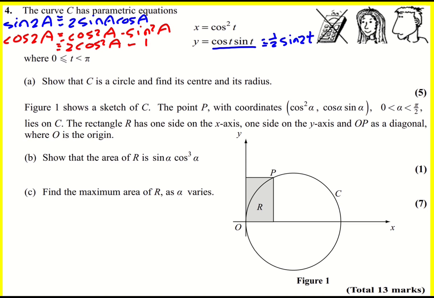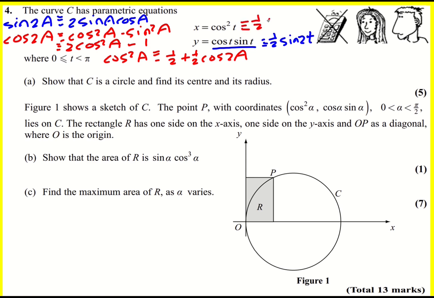That's something to become familiar with, to be honest. And that means that cos squared a is going to be identical to (cos 2a plus 1) all over 2, or a half plus a half cos 2a. Okay, nice one. So that's actually what x is equal to.